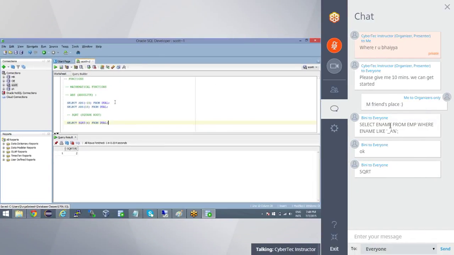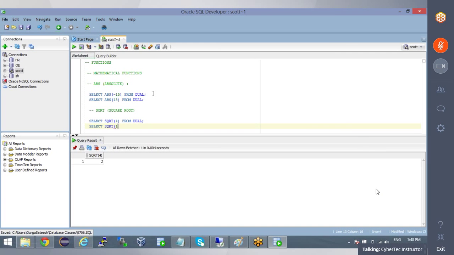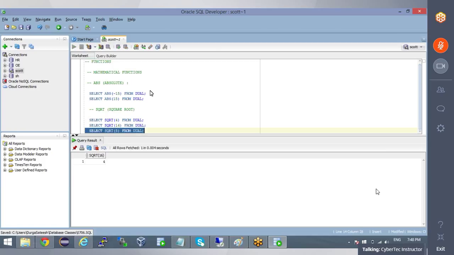It calculates the square root of a particular number. Alright, SQRT of 16 from dual. Right, from dual. So you have a value generator.